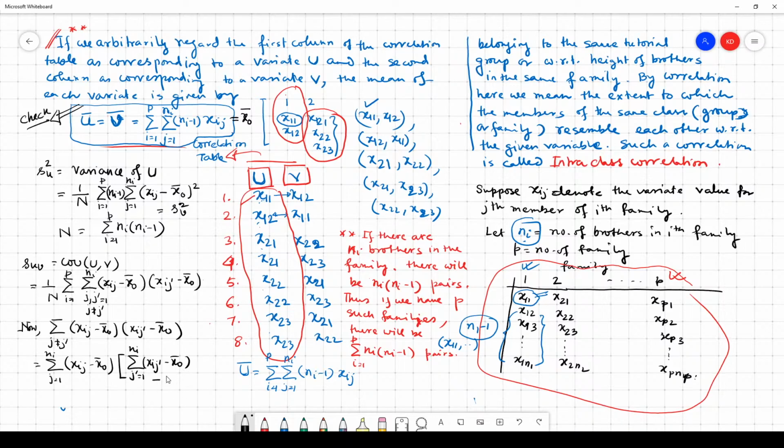Since j dash is not equal to j, I subtract this portion, xij minus x naught bar. Therefore this is equal to the sum over j dash from 1 to ni of xij minus x naught bar, minus the sum over j from 1 to ni of xij minus x naught bar whole square.